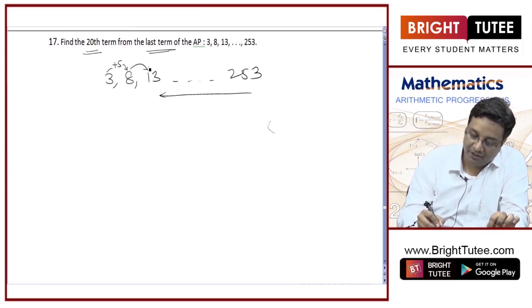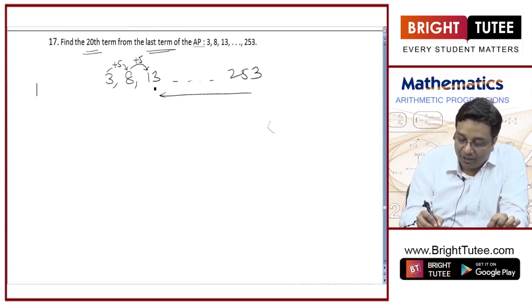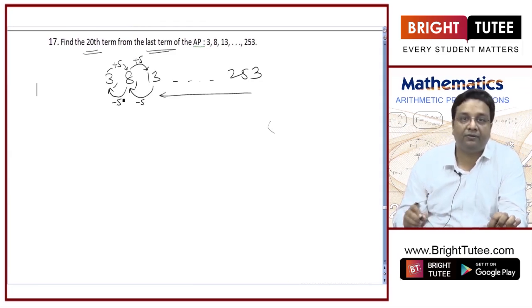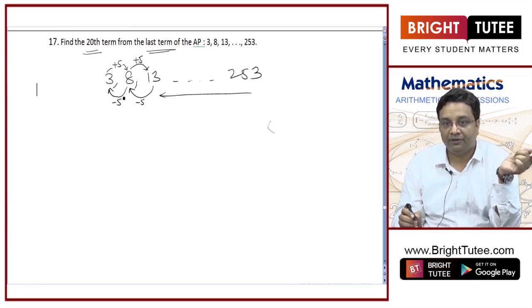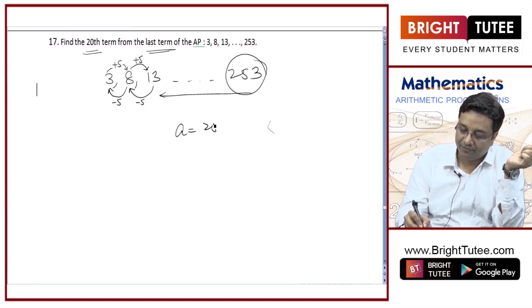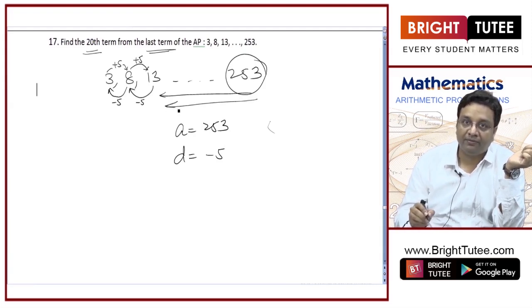If I add 5 here, I'll get 13. But if I go from right to left, I need to subtract 5 here, right? I need to subtract 5 while going from right to left. So if I consider 253 as my first term, what will be the common difference? Minus 5 while going from right to left, right?